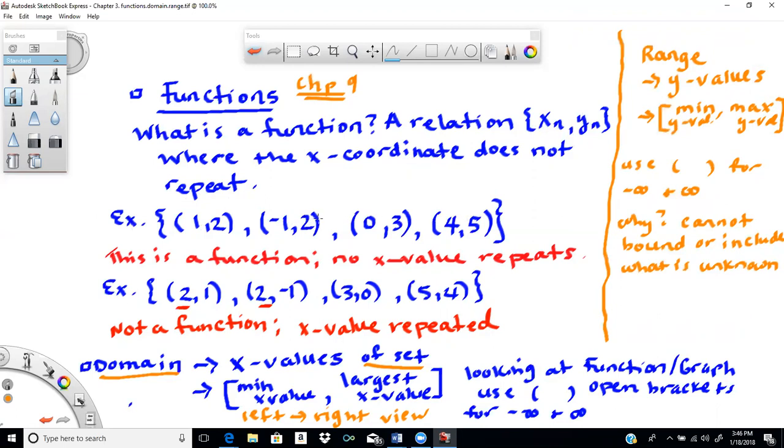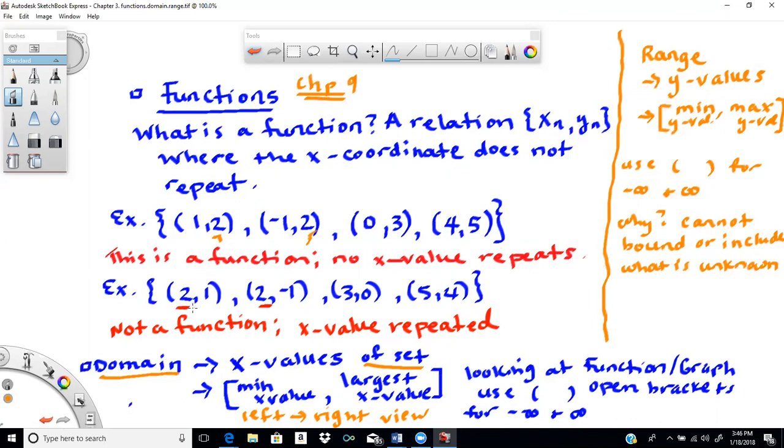Based on the definition, this is considered a function, even though you can clearly see the y values repeat. For a function to exist, the x value must not repeat. So this is a function because no x value repeats.